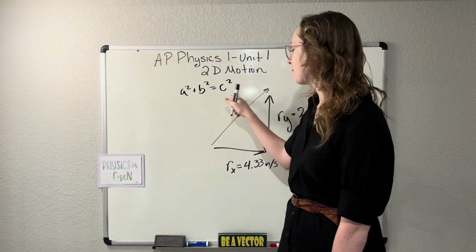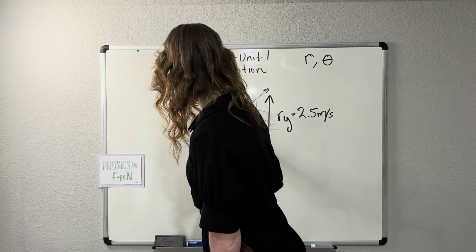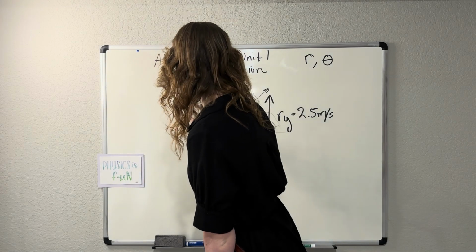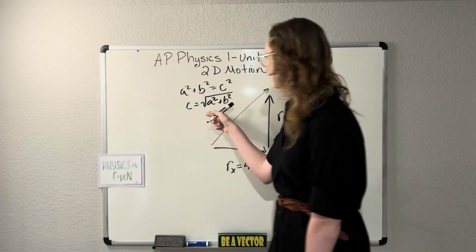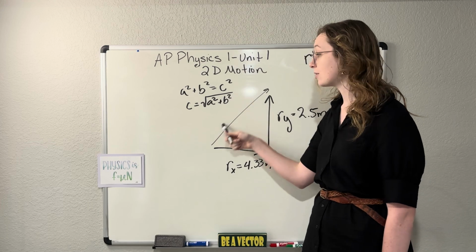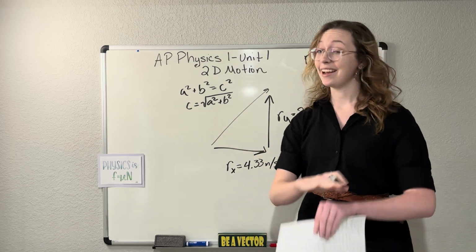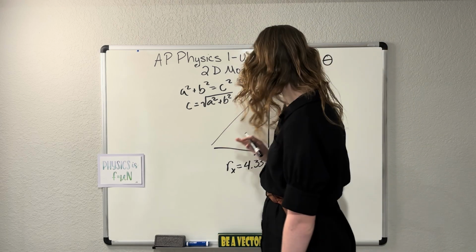So if we solve for c, all we have to do is take the square root of both sides, and we find that c, the hypotenuse of my triangle, is equal to the square root of a squared plus b squared. We're just going to do that exact same math here to solve for the hypotenuse of this triangle. And that's it. Vectors sound scary, but they're really just triangles a lot of the time.